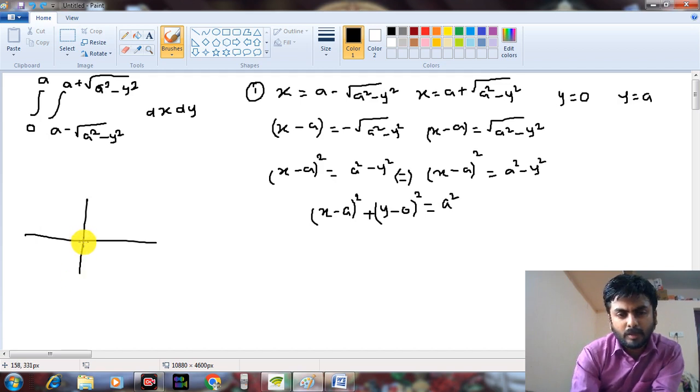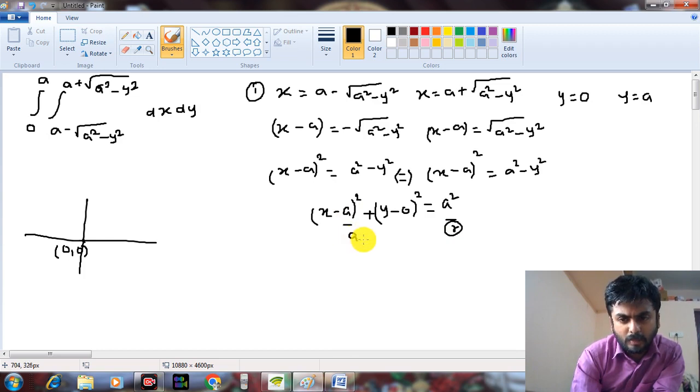What does this point mean? This point is 0, 0, and I want the radius to be a and the center to be a, 0.